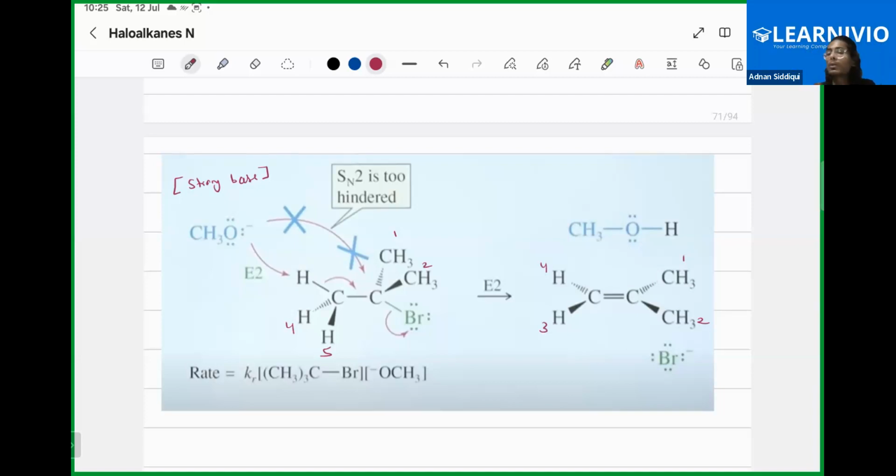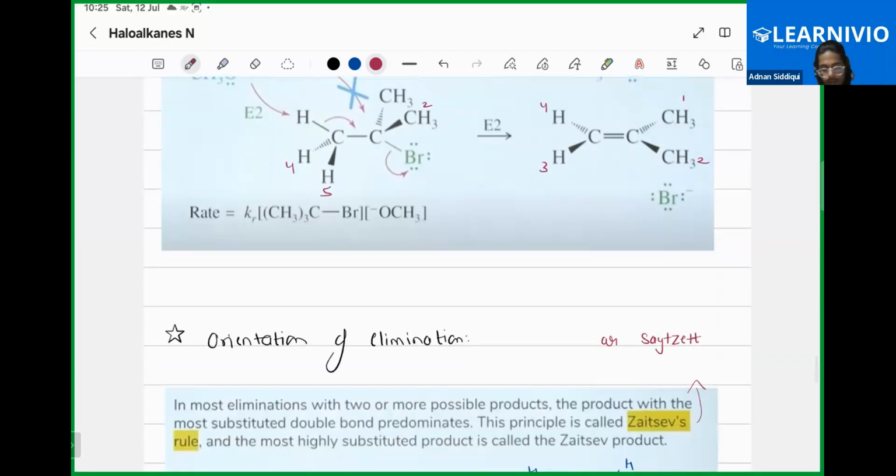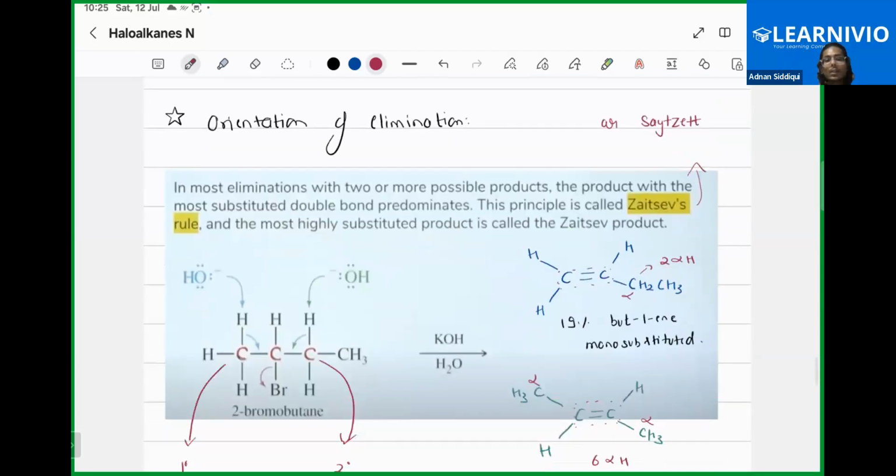You were not able to go to your friend. It was hindered. So automatically you have to call them. So this is all about SN2. You could act either as a nucleophile or as a base, but it will depend on the conditions. Now, orientation of elimination.